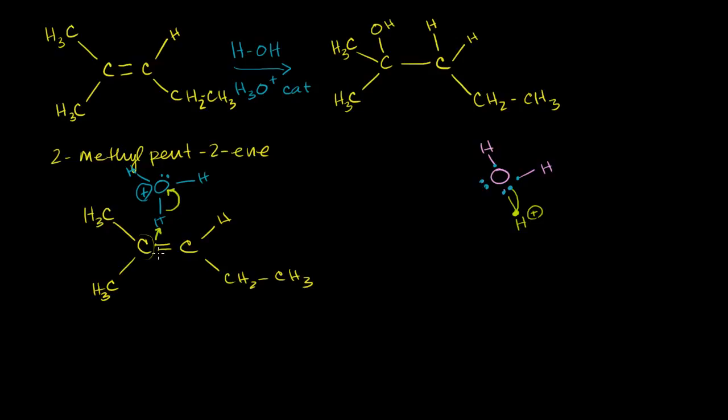So what happens after this part of the reaction happens? After that happens, let me clear out this water actually. That's not essential to our reaction mechanism. So after that happens, what will everything look like? Well, we'll have our basic molecule.